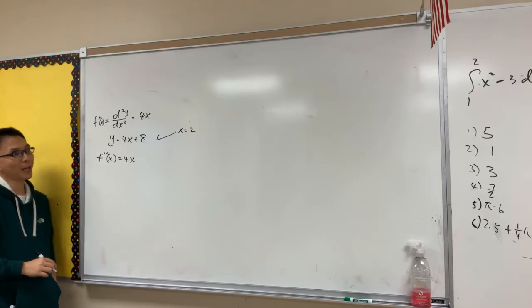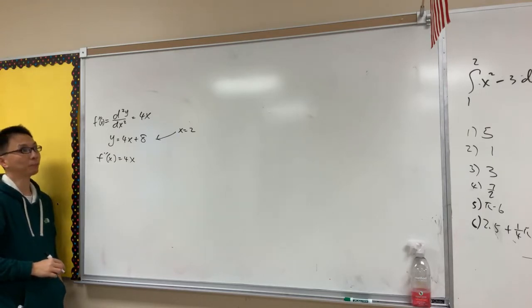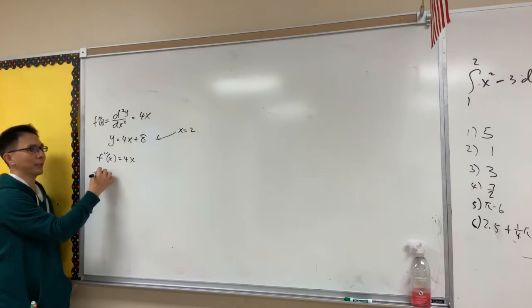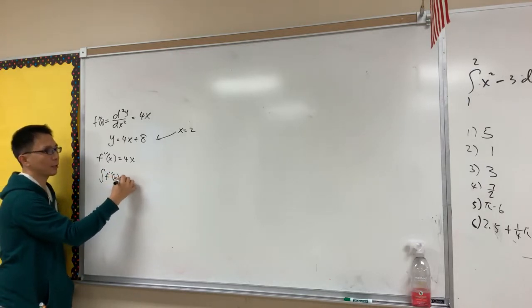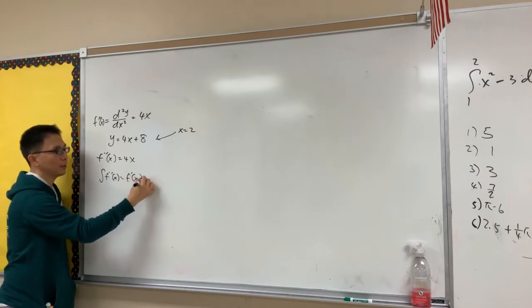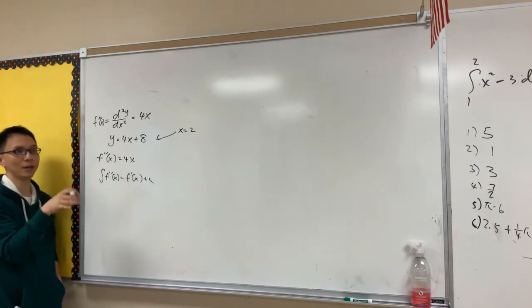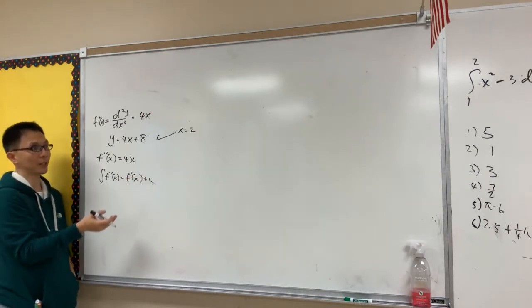Okay, so that means if I integrate f double prime of x, I get f prime of x plus c. We're going to have some type of c, but we don't know what c is.